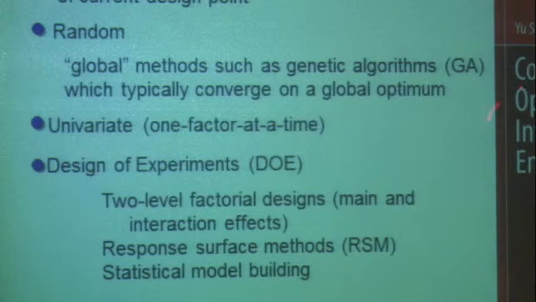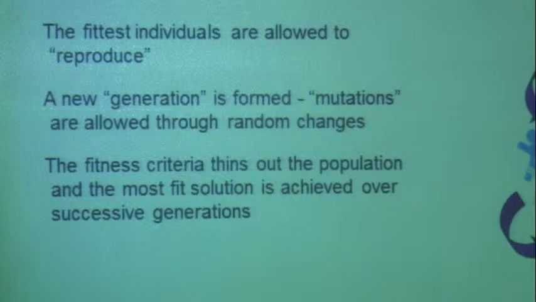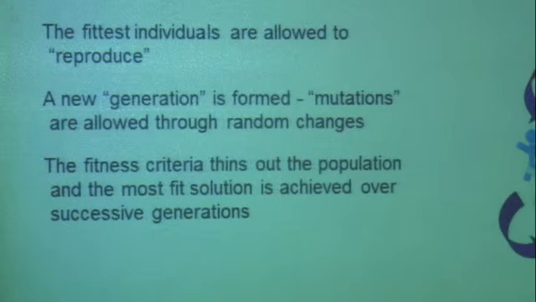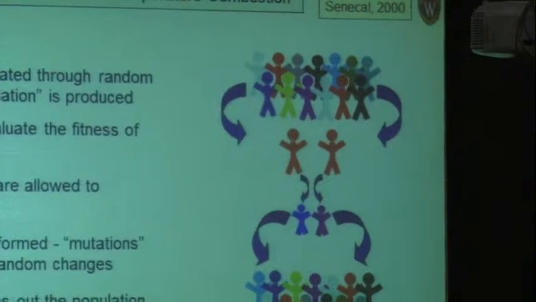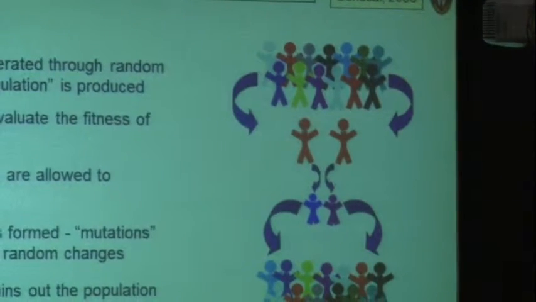And so we described some of this in a book that we published a couple of years ago on optimization of internal combustion engines. And as I mentioned, the technique that we kind of homed in on was the genetic algorithm. Just to give you a brief idea of how that works, you'll run a whole bunch of cases with different input parameters that cover the range of search space you're interested in.